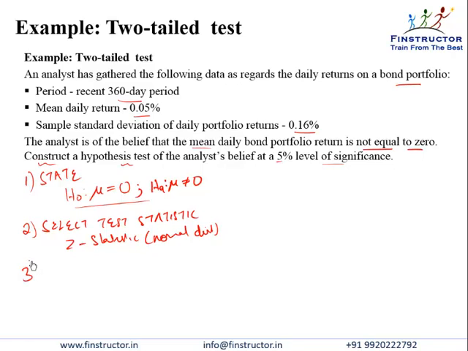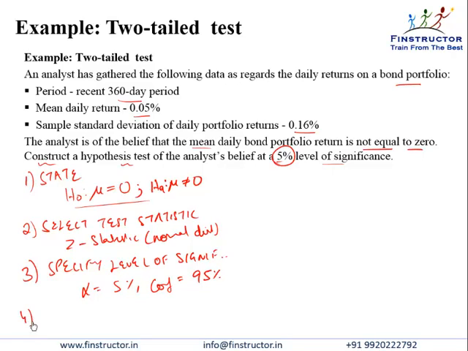The third step is to specify the level of significance. The level of significance is given to be 5%. So alpha is 5%, or the confidence level is 95%.